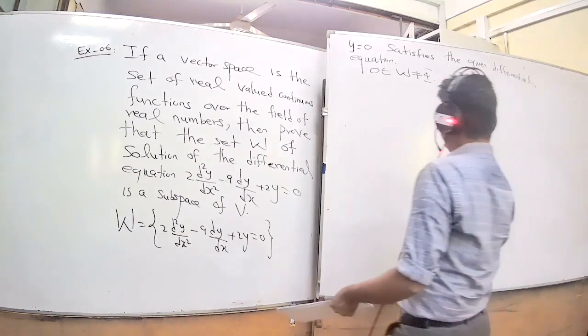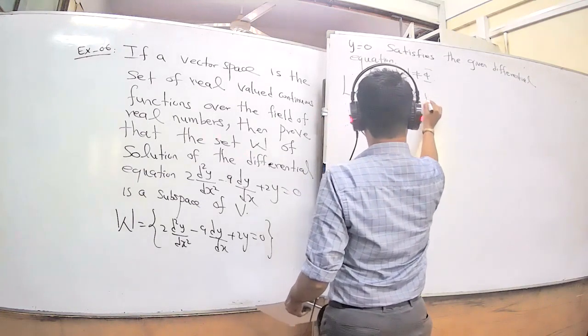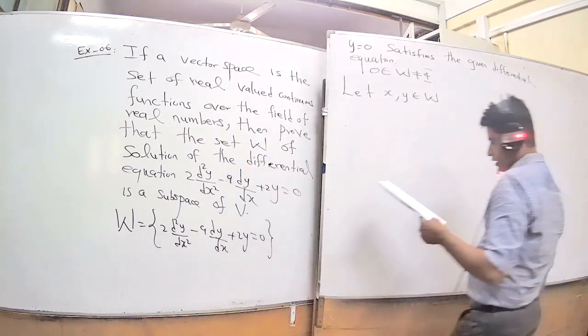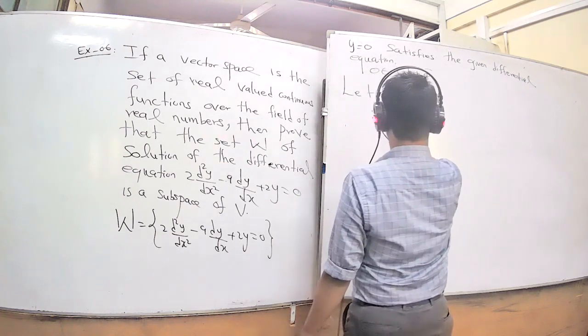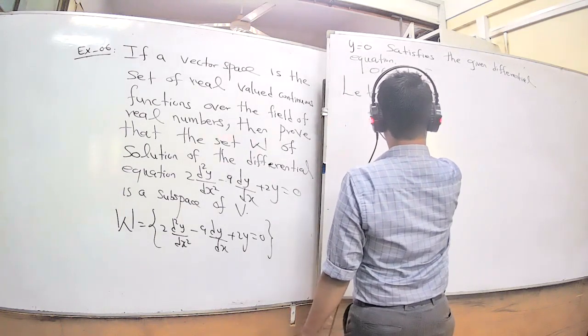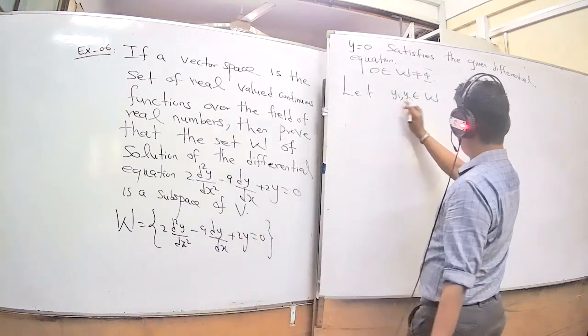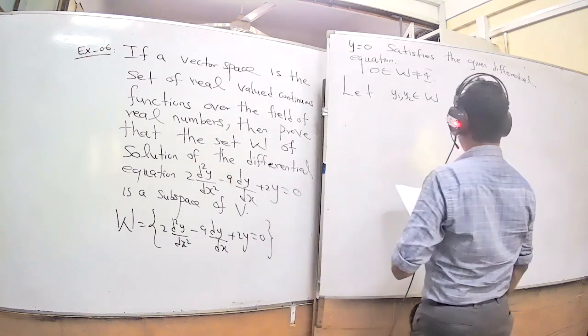Next condition, take two solutions y1, y2 belonging to W, meaning y1 and y2 are solutions of this second order differential equation.